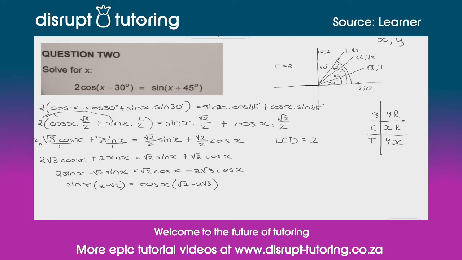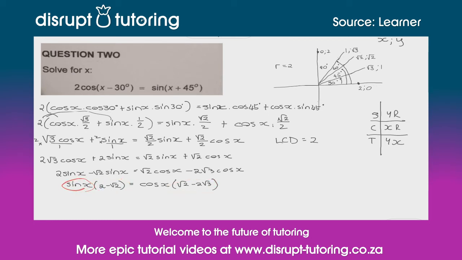Okay, so next what I need to do is try and get this so that we can have a single trig function. But before I do that, we want to divide by one of these numbers.